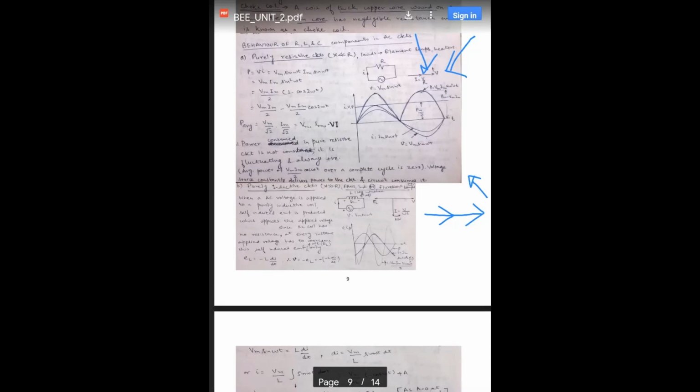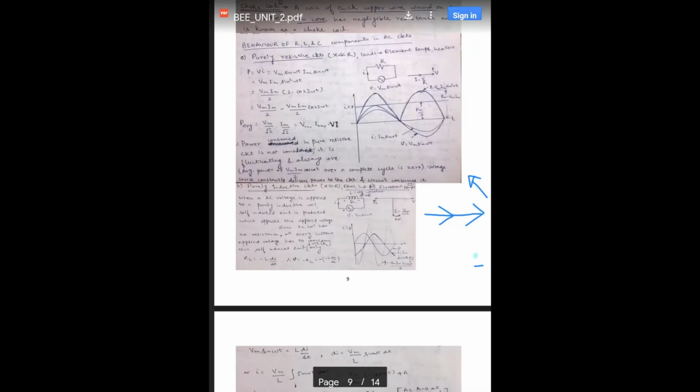So I is equal to V by R. Here you have seen that I is equal to V by R, good enough. So the magnitude of I is shown less. But there is no hard and fast rule, it all depends upon the value of R. So if R is 1, then V and I will coincide.